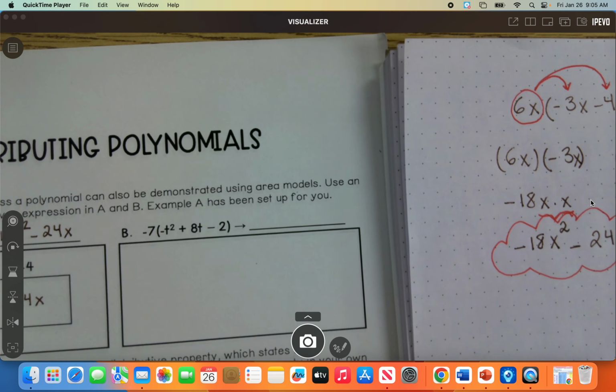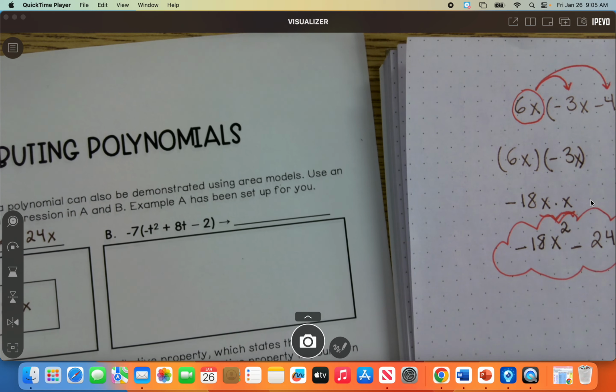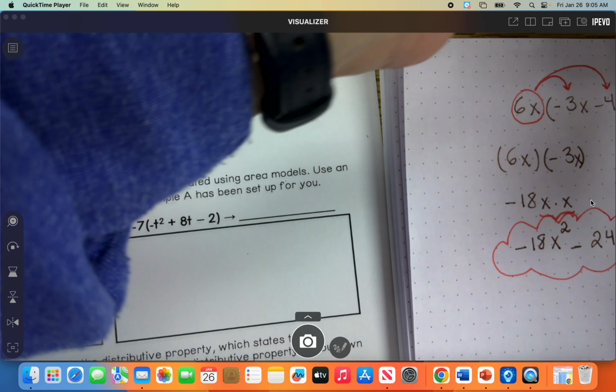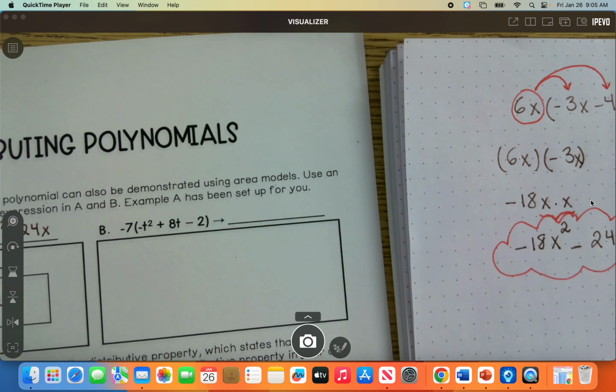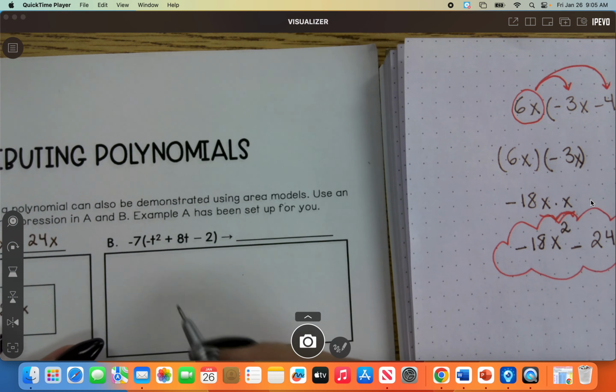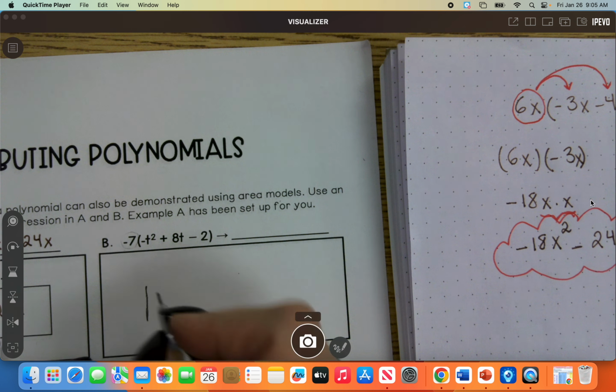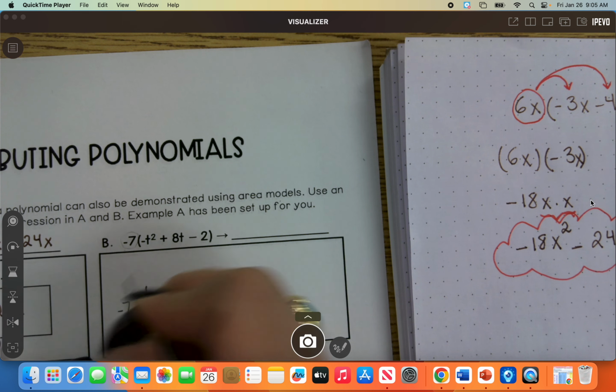Let's do the same thing for the second one. I'm going to draw my rectangle. So I have a monomial, so that means I only need one set on my width or this side. That's my negative 7.